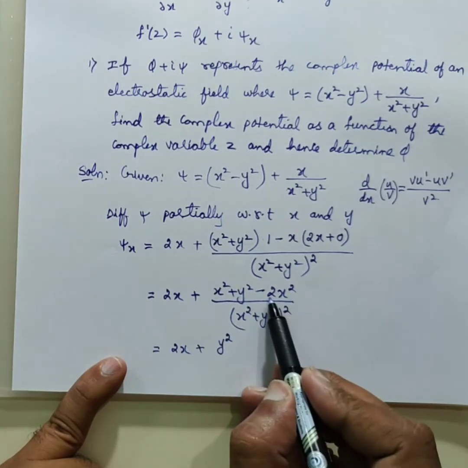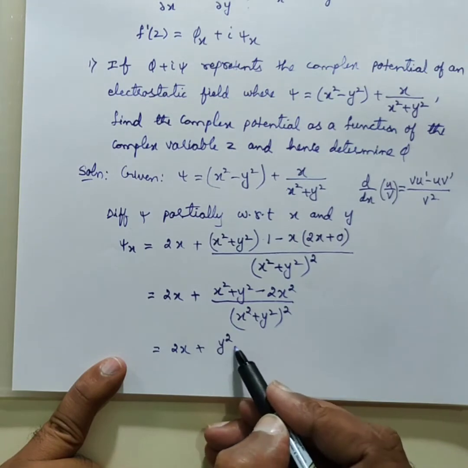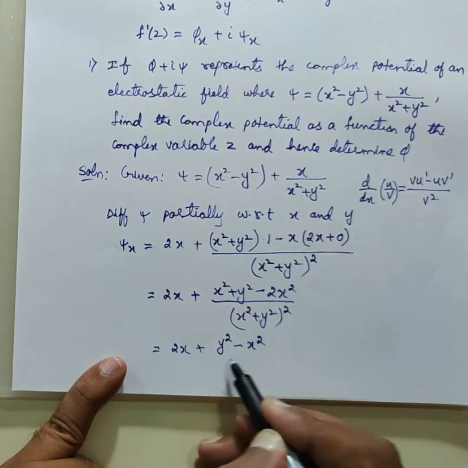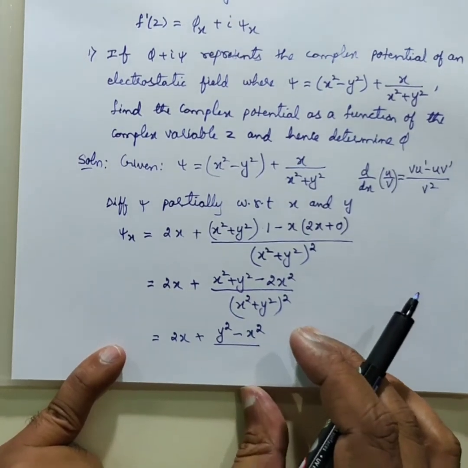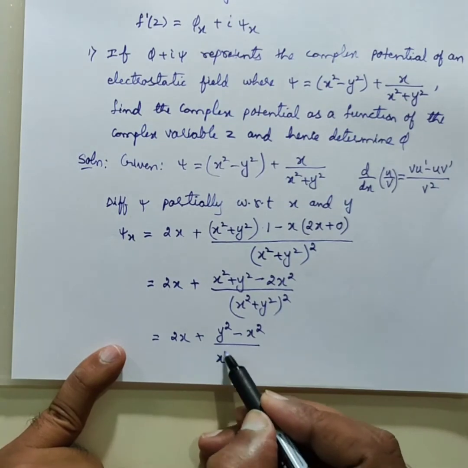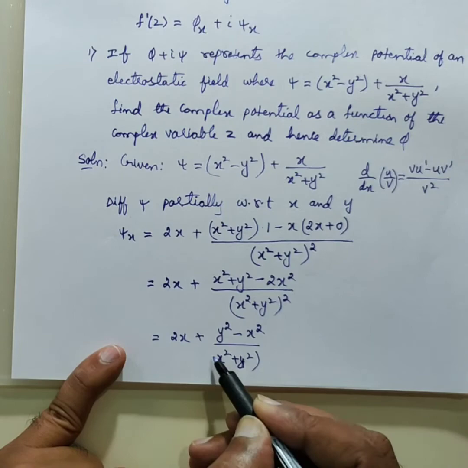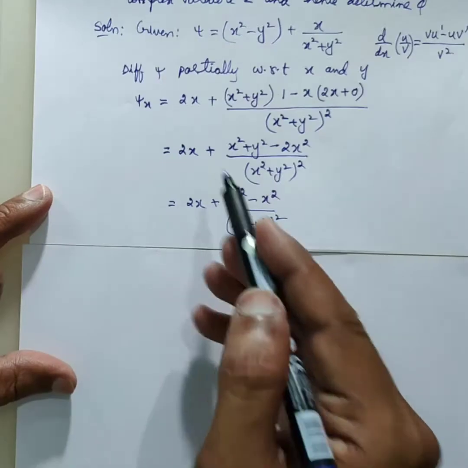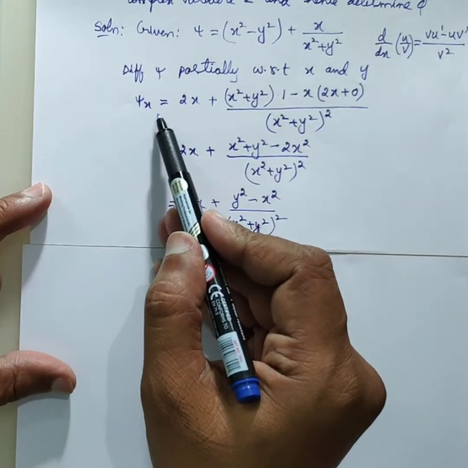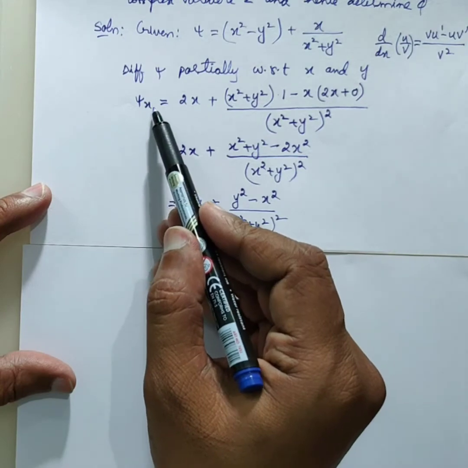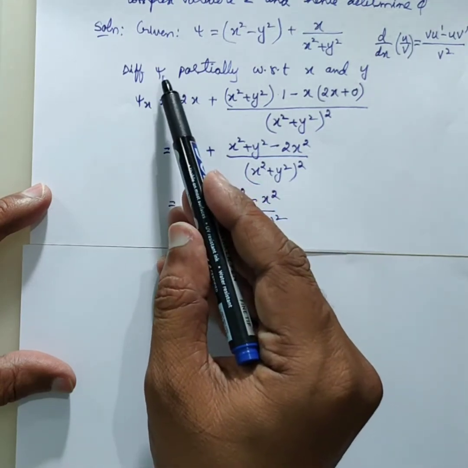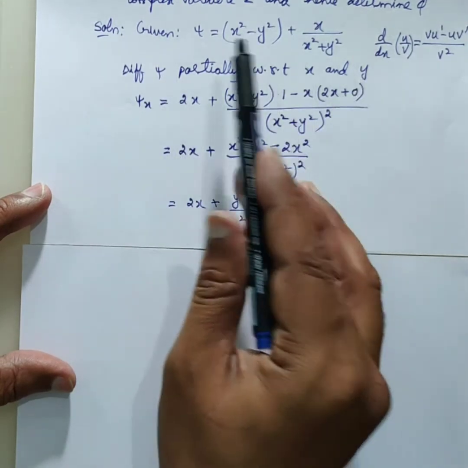Then you have minus 2x square plus x square will be minus of x square, whole divided by the denominator value that you have, x square plus y square whole square. So we have differentiated this psi with respect to x. Now further we'll try to differentiate this psi with respect to y.